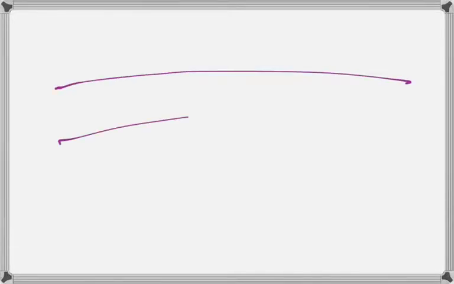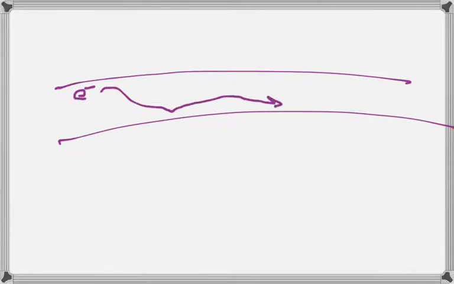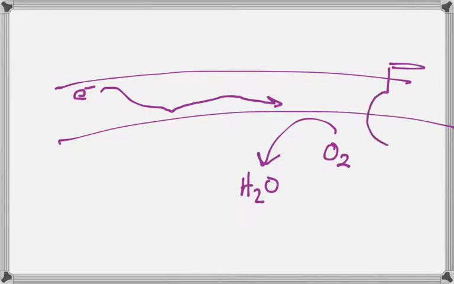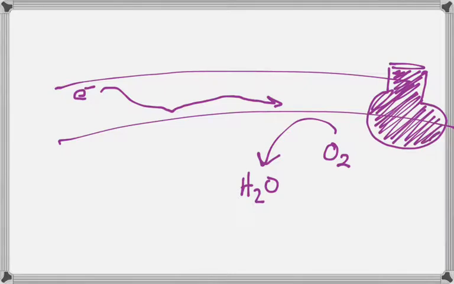All right. So we know how the electron transport chain functions. Here's the membrane. Electrons move. Here's our complexes.